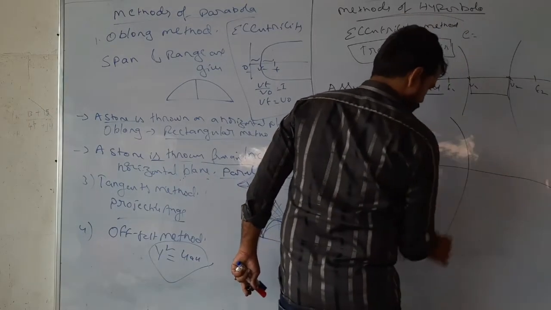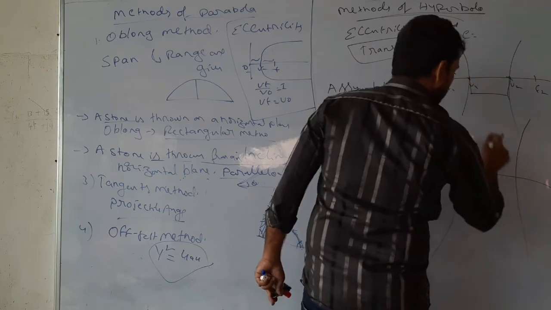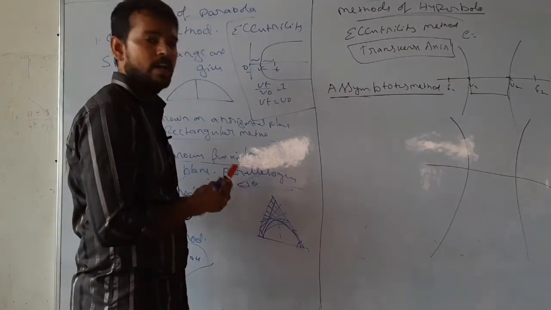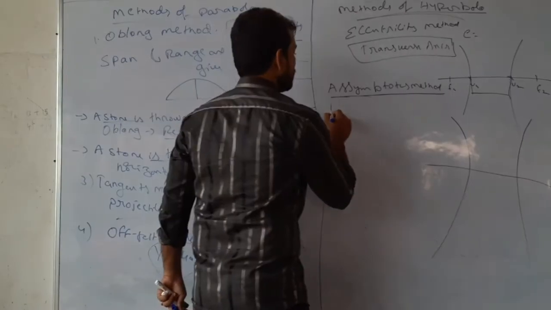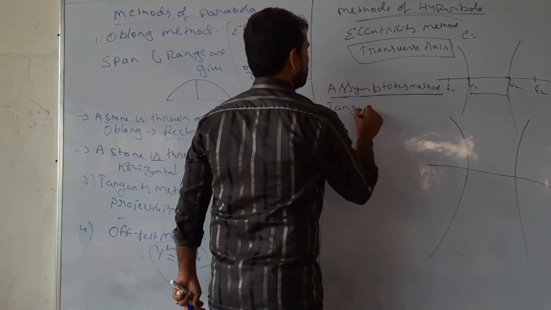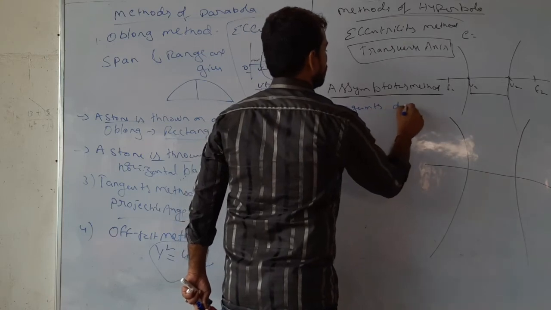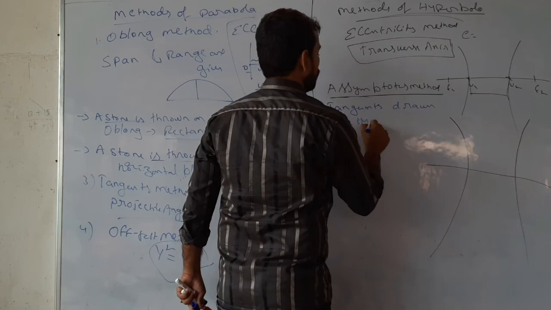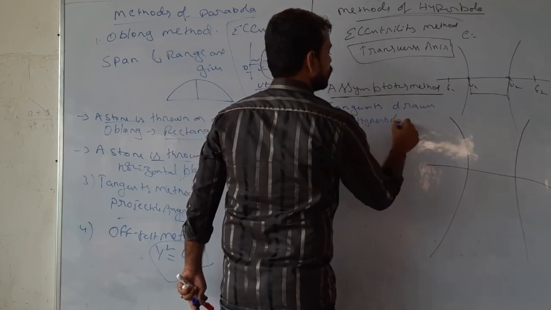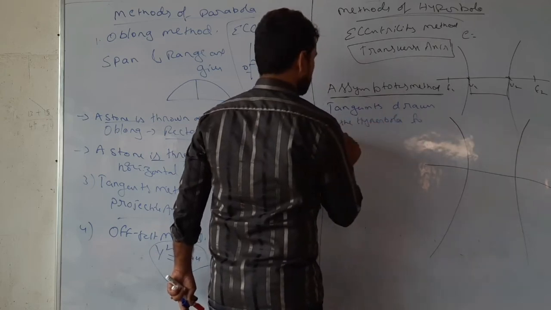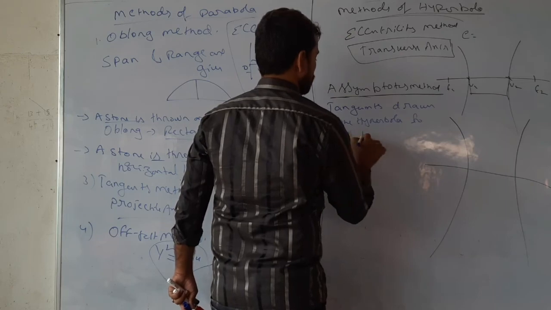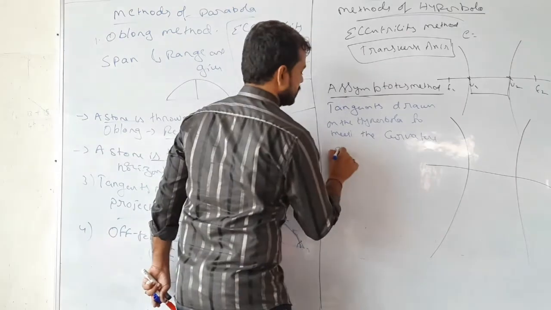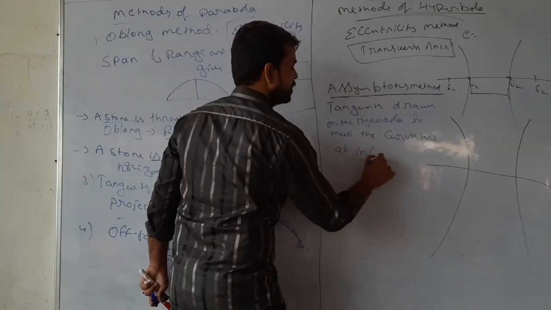Suppose this is the hyperbola. Asymptotes are the tangents drawn on the hyperbola to meet the curvature at infinity.